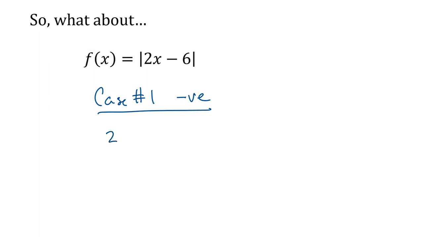And that means 2x minus 6 is less than 0. If 2x minus 6 is less than 0, can somebody think of an example of an x value that will make this less than 0? 4?